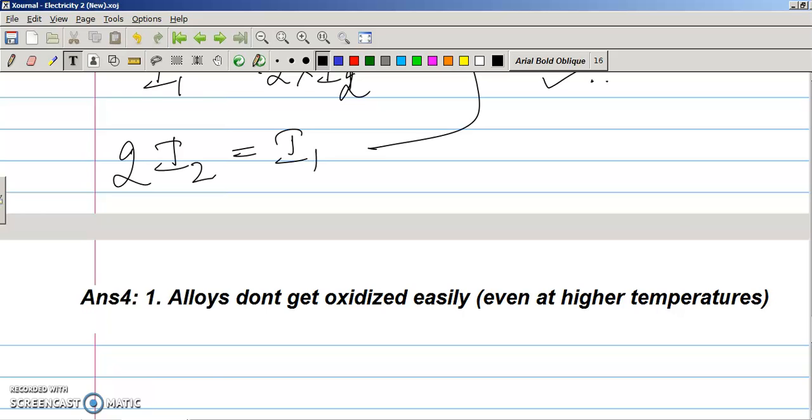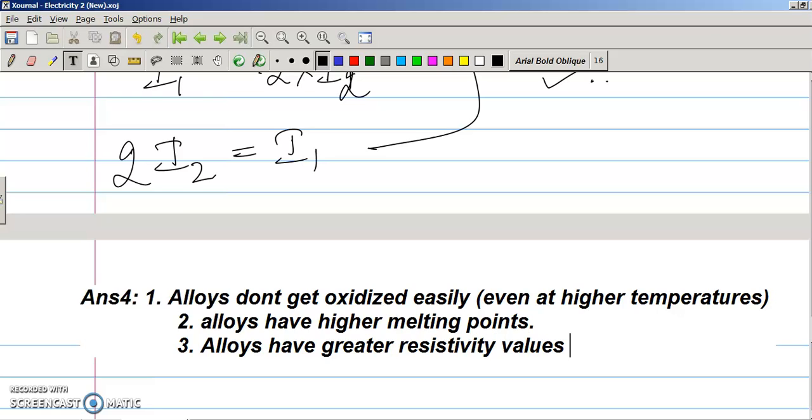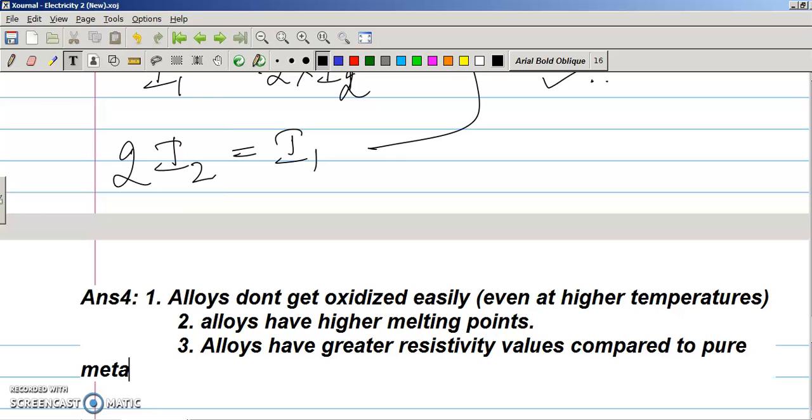The second point is that alloys have higher melting points. The third point is that alloys have greater resistivity values compared to pure metals.